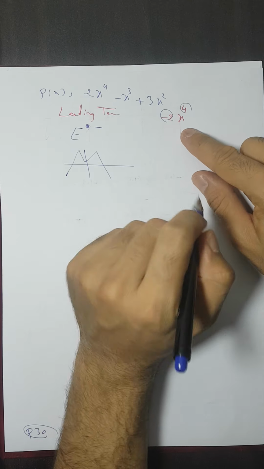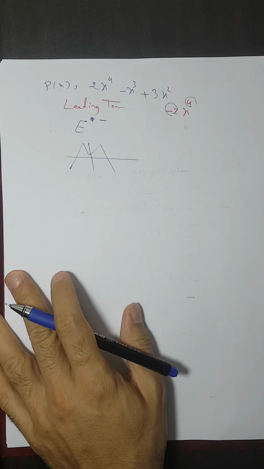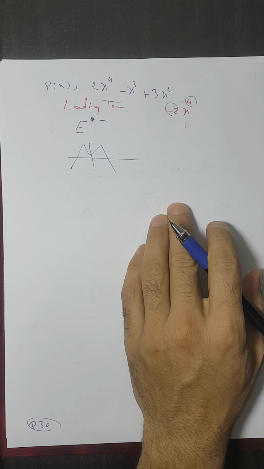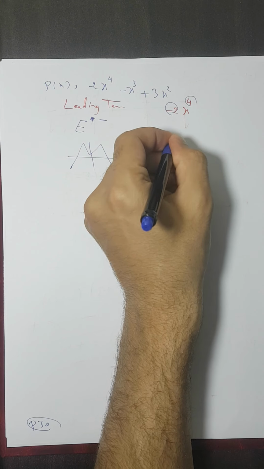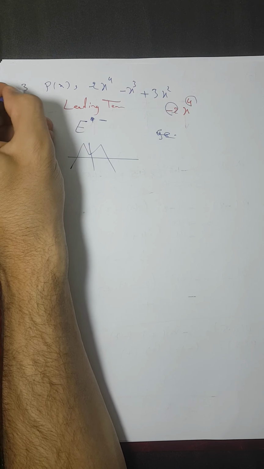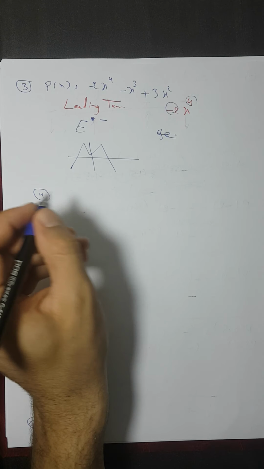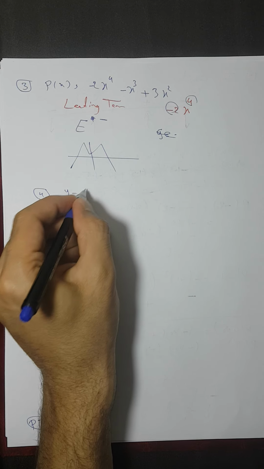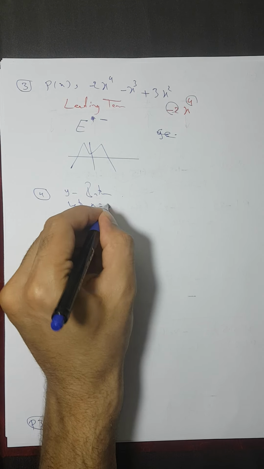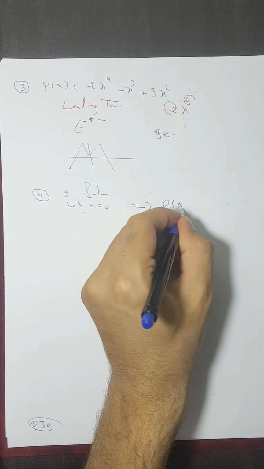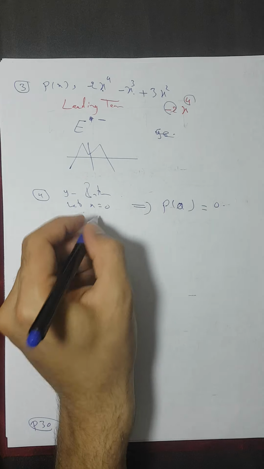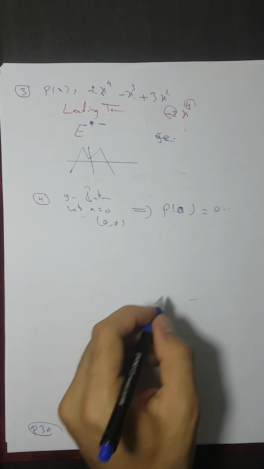You remember that. Now we will collect number 1, 2, 3, and do not forget about y intersect. Let x be 0, then p of x or p of 0 is equal to what? 0, I get 0. So I have this point, 0, 0.